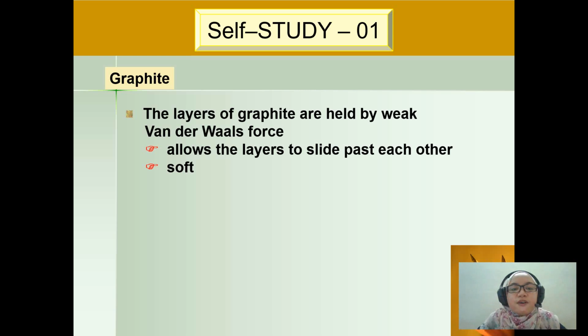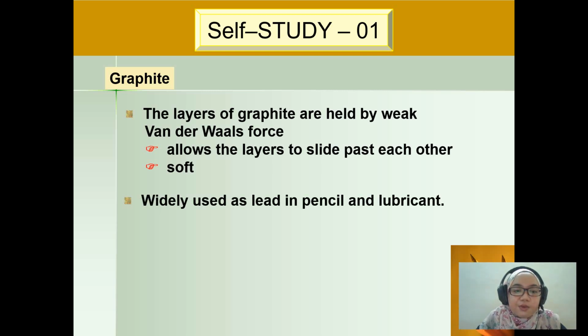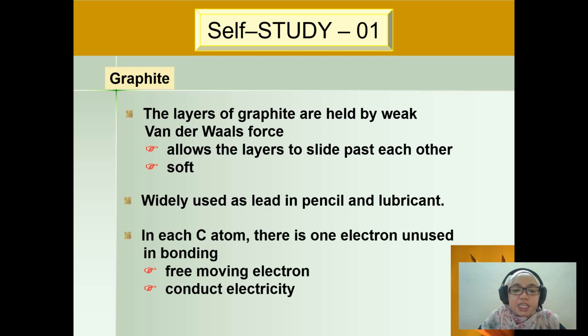So it allows the layers to slide past each other. So it's very soft actually. So graphite, for example, is like your pencil lead, or your wooden pencil, the black part, that's graphite. Okay. Alright. So it is widely used as lead in the pencil and lubricant. Okay, so in each carbon atom, there is one electron unused in bonding. So that's why it has free moving electron and they can conduct electricity. So that's the difference between the diamond and the graphite.